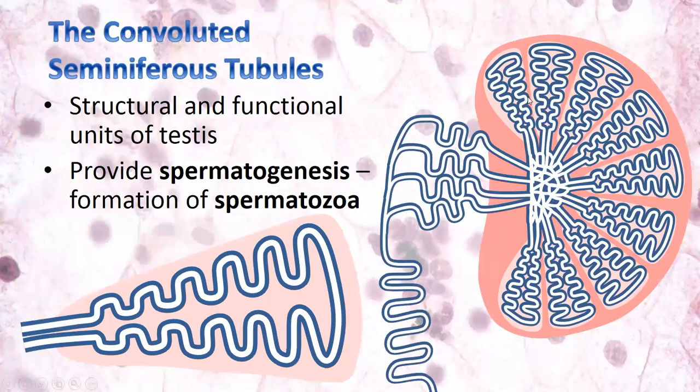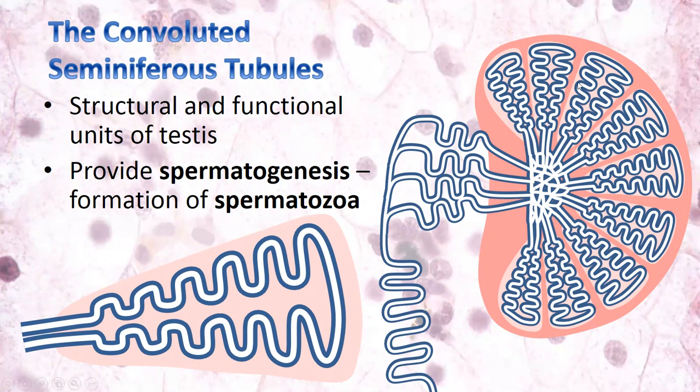So we'll begin with the main structural and functional units of the testis, the convoluted seminiferous tubules. They provide the main process which takes place in the testis, which is called spermatogenesis, the formation of spermatozoa.